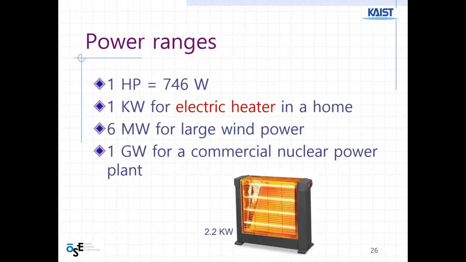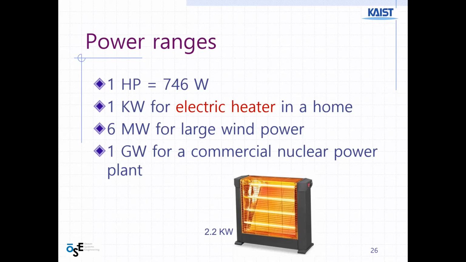Power range. I asked you, when I showed you wind power energy, the electricity required for the stove, the electrical heater. The answer was 2.2 kilowatts. That is a typical size of electricity.